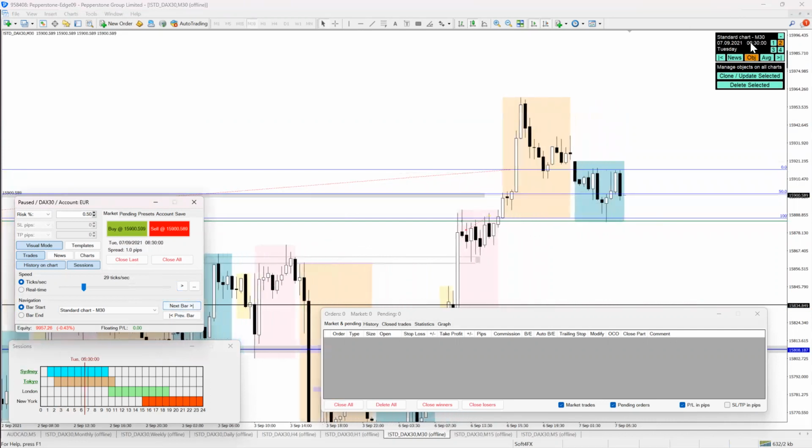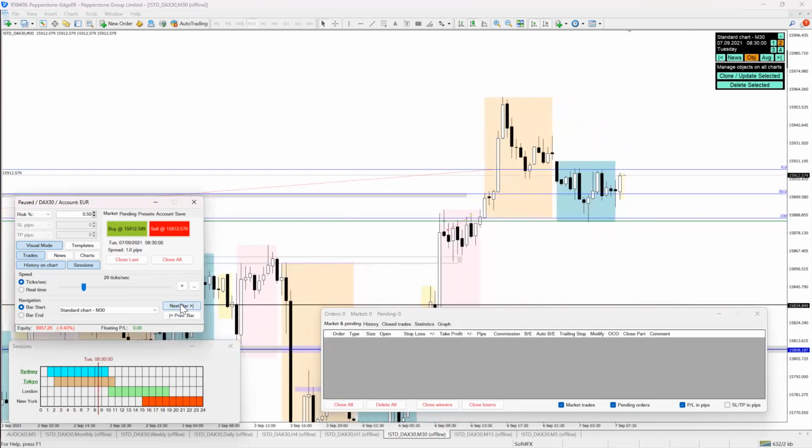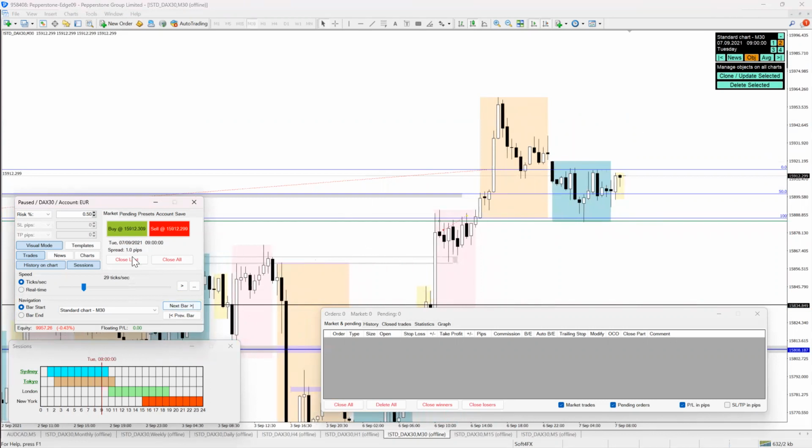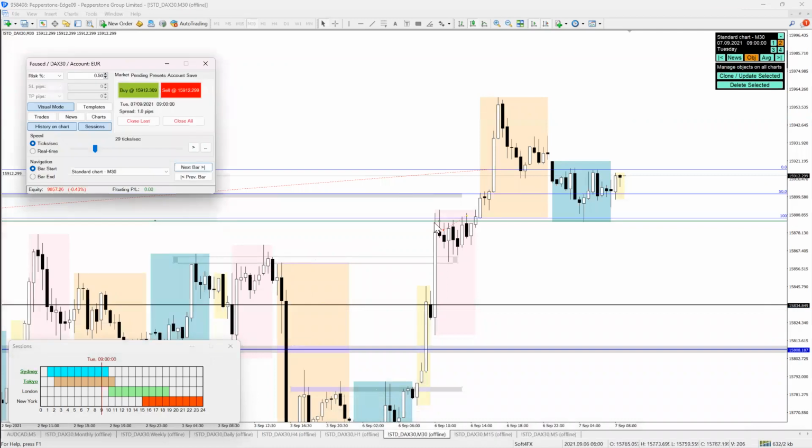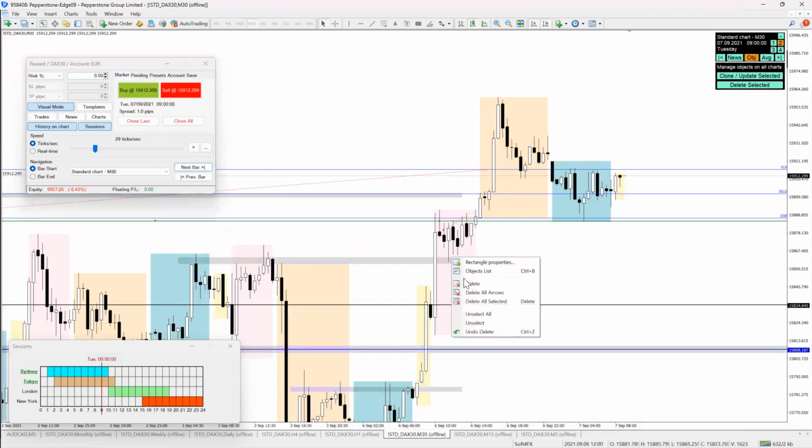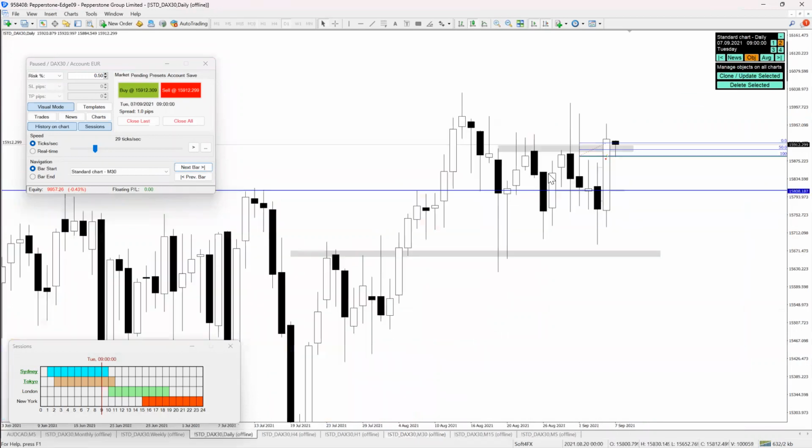So we're going to go to 9 o'clock up here. Okay, 9 o'clock. So now close this. Let's have a look at where we're at. It's a daily, strong close, very strong bullish.